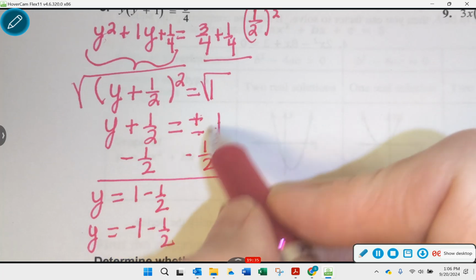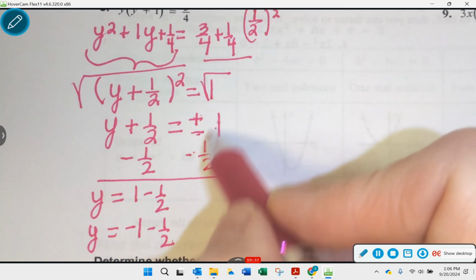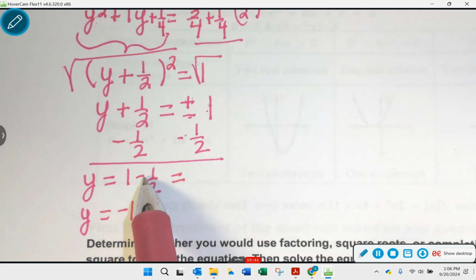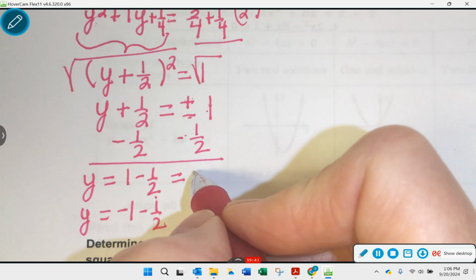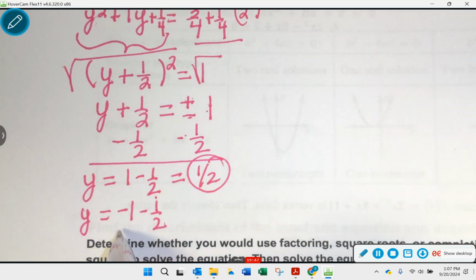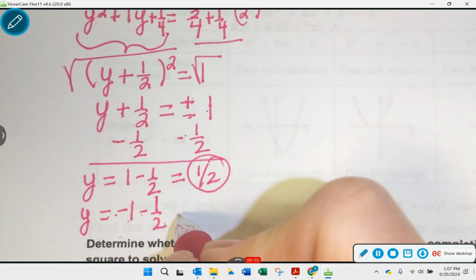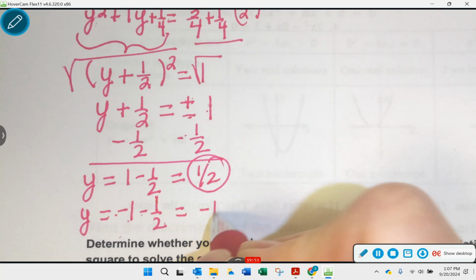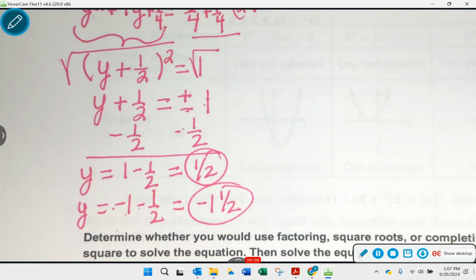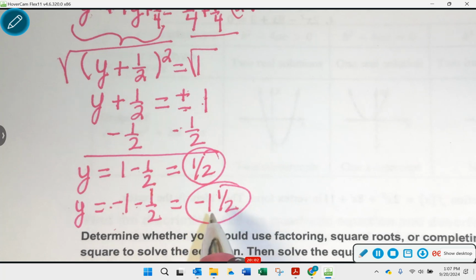Do you guys know what 1 minus a half is? 1/2. Do you know what negative 1 minus 1/2 is? Negative 1 1/2, or -3/2. So those are the two answers we get. You could say -3/2, -1.5, anything equivalent.